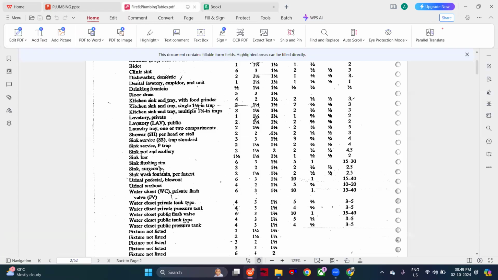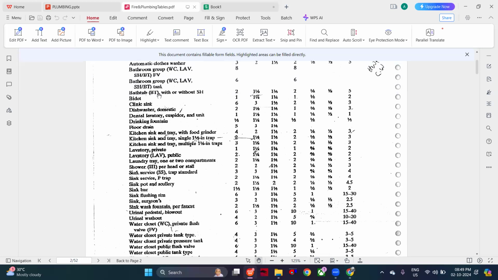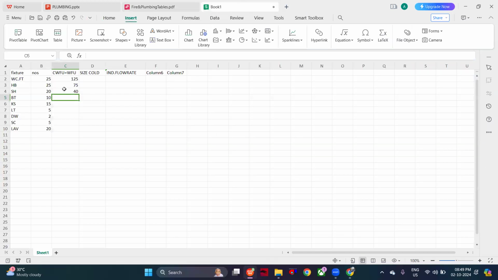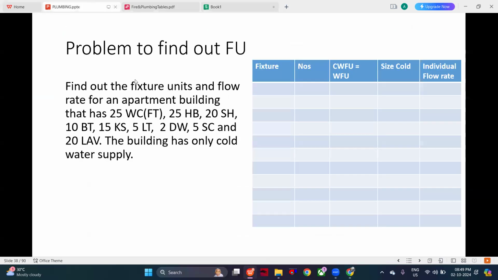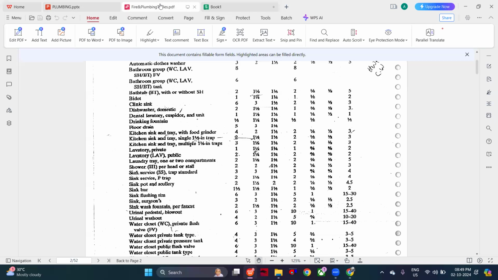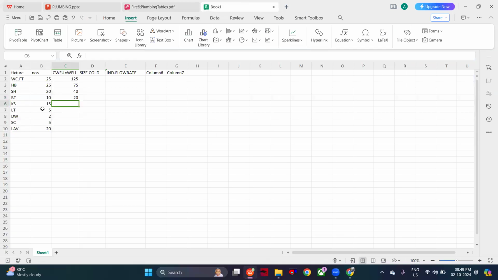Then the bathtub. 2 into 10, 20. Then kitchens.